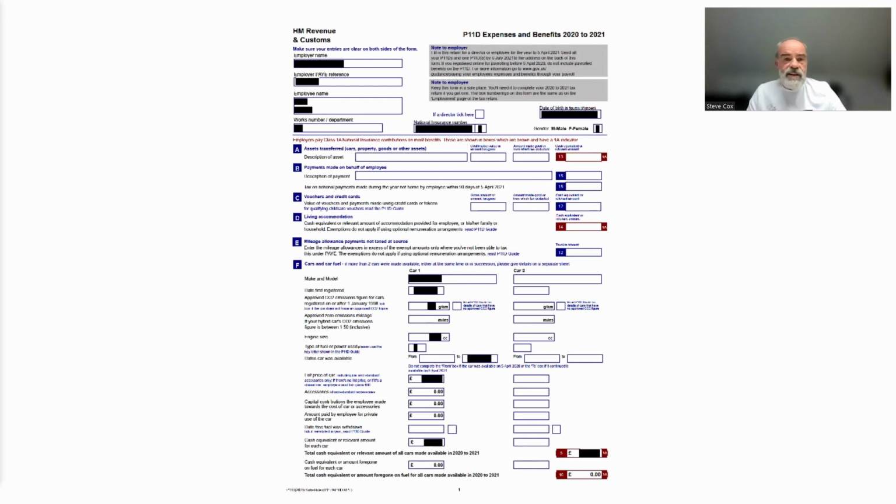The P11D is then a device for reporting those benefits and for dealing with other benefits that aren't dealt with in that way. So it's a gathering of information, but it's basically those benefits, expenses, and perks of the job that aren't dealt with in other ways.